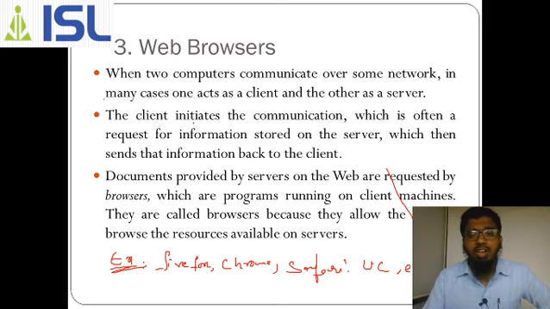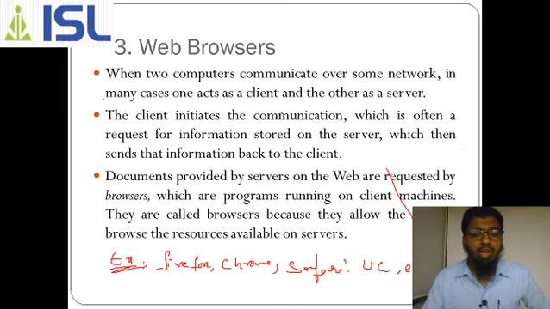The client initiates the communication, like you are initiating a search for something, which is often a request for information stored on the server, which then sends that information back to the client. Whatever you are searching, when you click on search, it will go to the server. From the server it gives back the information you want.